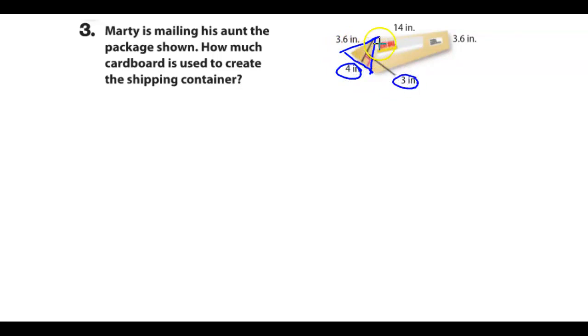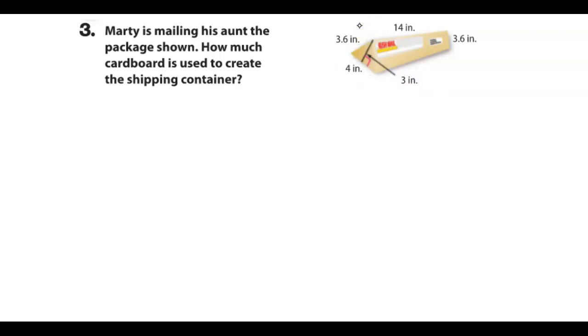But there's a matching back to it. So we could do the base times the height, which would be 4 times 3 and get 12, and take half of 12 and get a 6. So the front would be 6, and the back would be 6. Or we can just do the front once and get ourselves a 12. It doesn't matter how you want to look at that, okay?